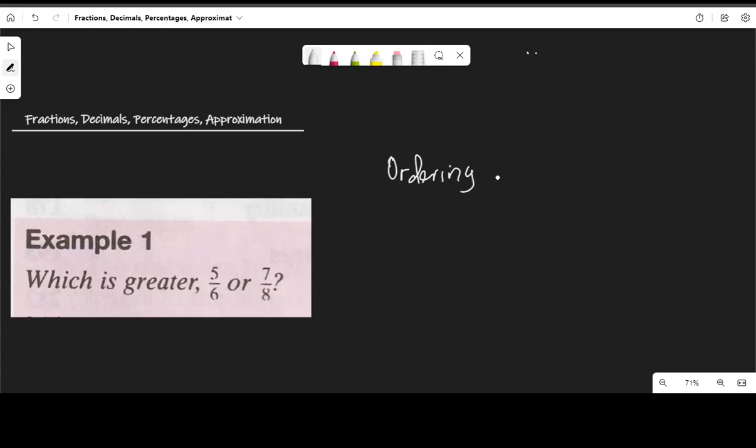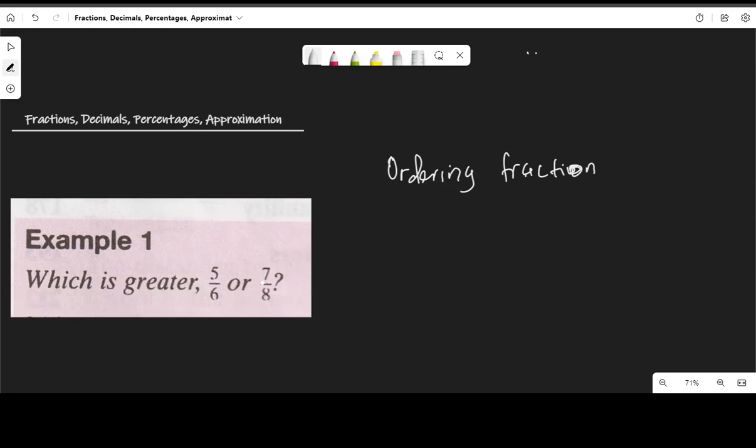When we order fractions, we can either order them from the highest to the lowest, which we call descending order, or from the lowest to the highest, which we call ascending order. There's a detailed tutorial on that, which I will leave the link to in the description of this video. If you don't know how to order fractions, you can go and take that tutorial.